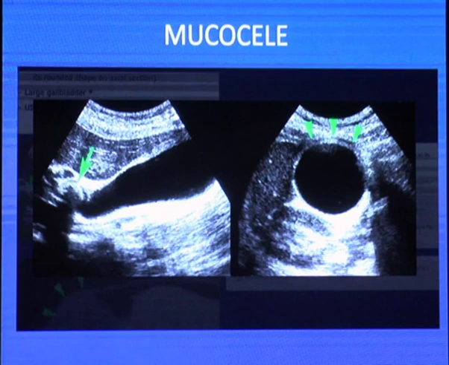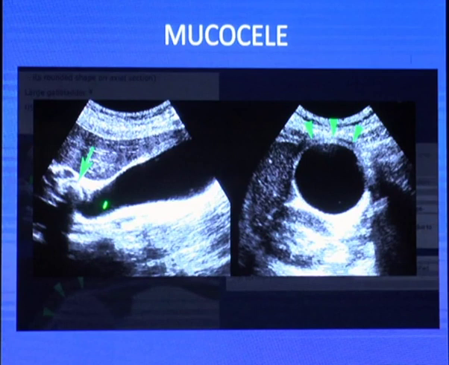In longitudinal view, this gallbladder will measure more than 10 centimeter in length. In transverse view, it will measure more than 4 centimeter in diameter. So this is a mucocele. Here an additional finding is gallbladder wall thickening. With a mass in the right hypochondrium, they have pain, but there are no signs of infection.